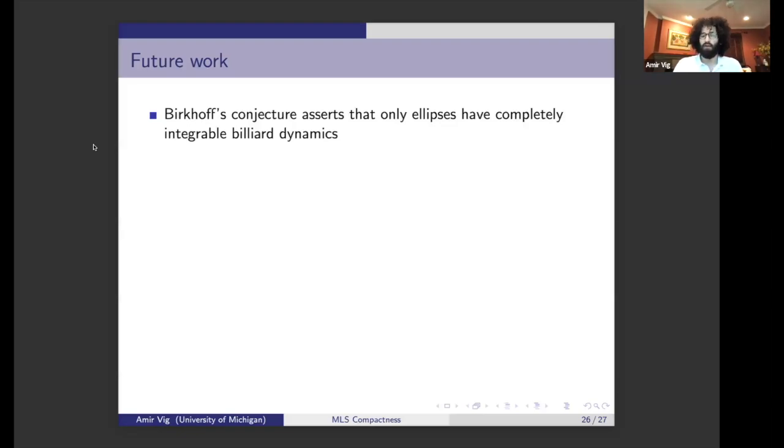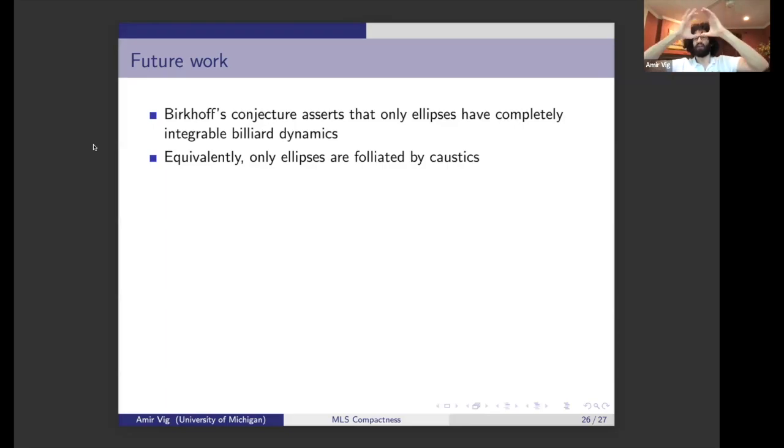Completely integrable means that there's a foliation by caustics. If you remember, many slides ago, I had that picture of an ellipse and another picture of a disk. Disks are foliated by concentric circles, and ellipses are foliated by confocal ellipses or confocal hyperbolas. So Birkhoff's conjecture is that this only holds for ellipses.